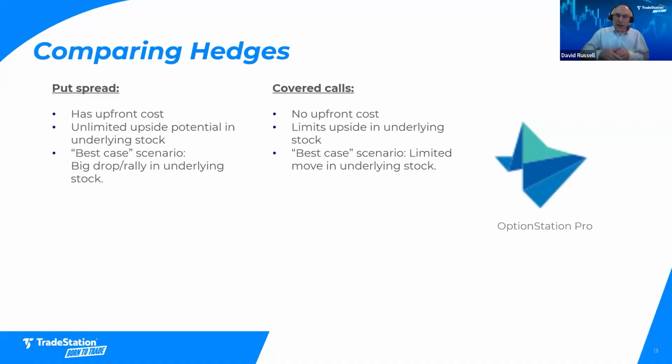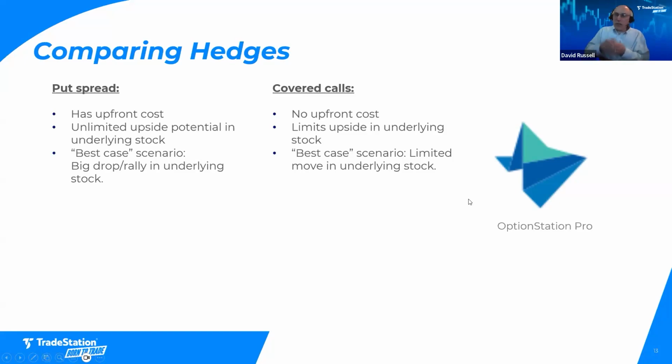By owning a put spread, you have to pay money for it, but you have unlimited upside. A best case scenario would be the stock has a big rally, you lose your premium, but you make a ton of money on the shares. Or if a person is simply bearish on a stock, you would simply profit from the stock dropping.